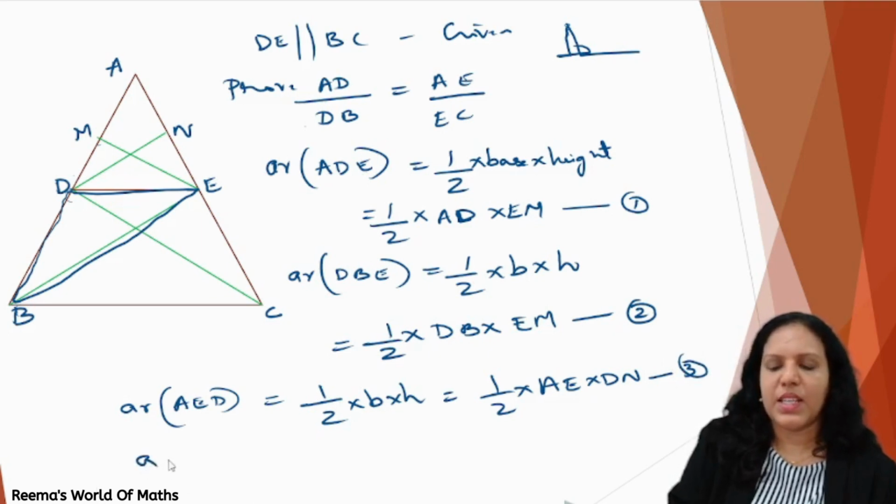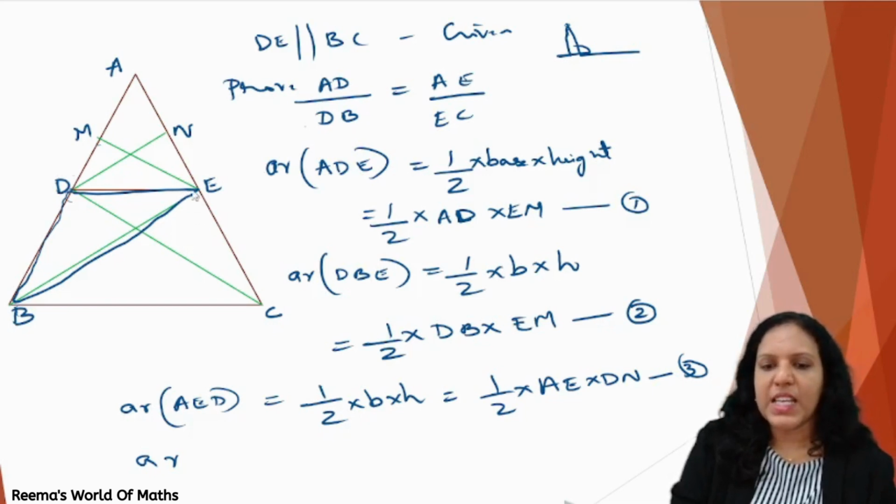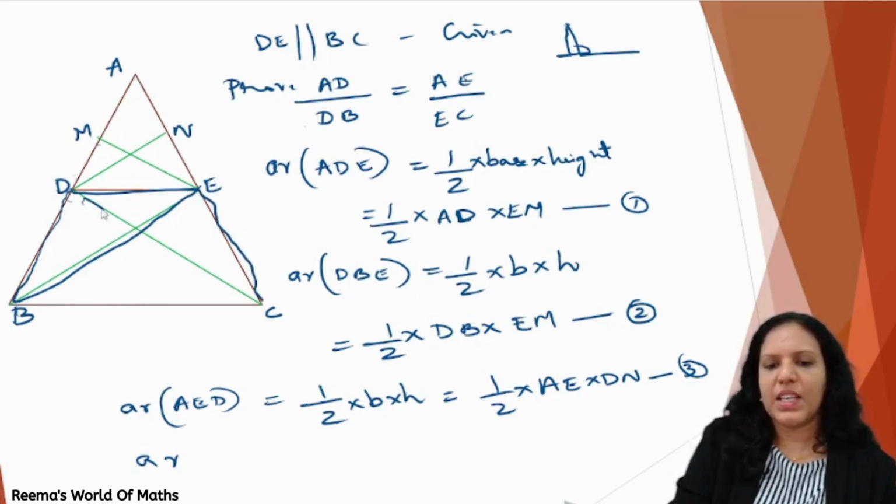Now let's see the last one. Let's take the triangle ECD, similar to DBE. Similar to this triangle, let's take the triangle on the other side, which is ECD.